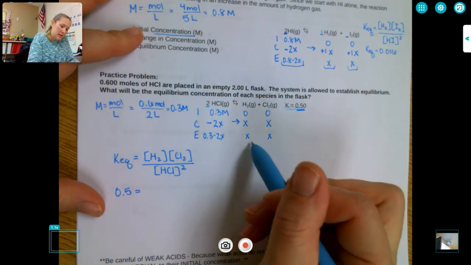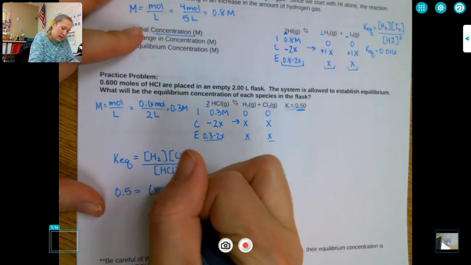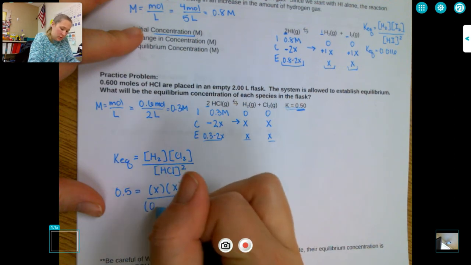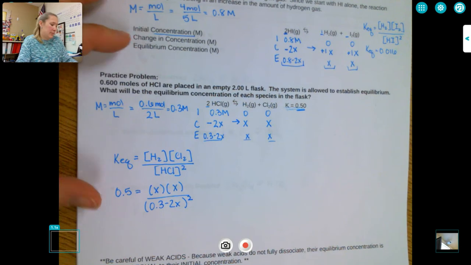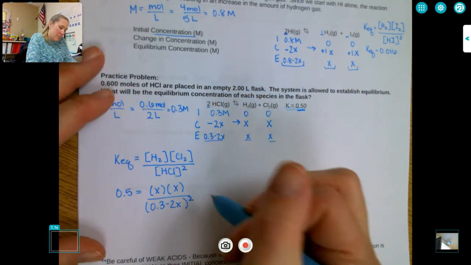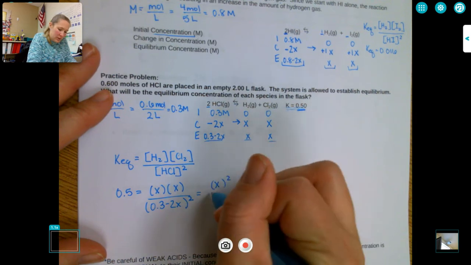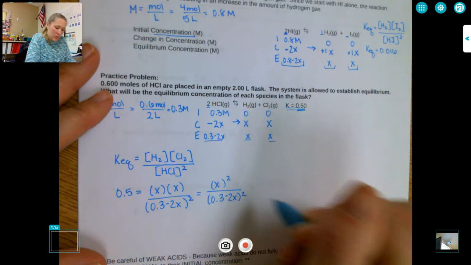And then I can plug in for each of my values here at equilibrium. So H2 is x, Cl2 is x, HCl is 0.3 minus 2x, that quantity squared. Now we can rewrite the top: x times x is x squared, over (0.3 minus 2x) squared.